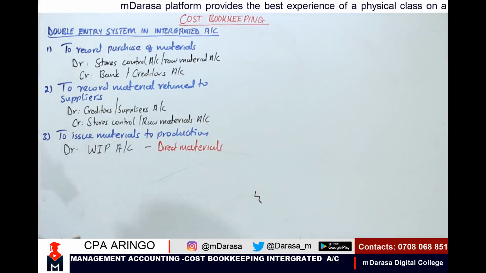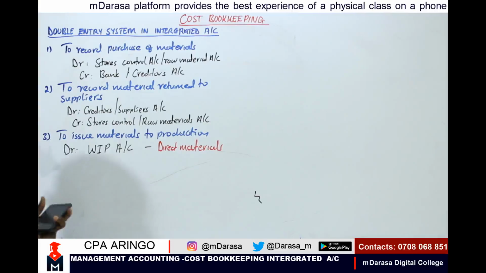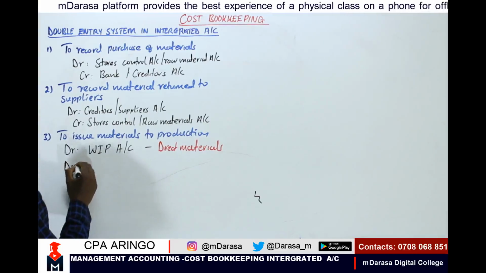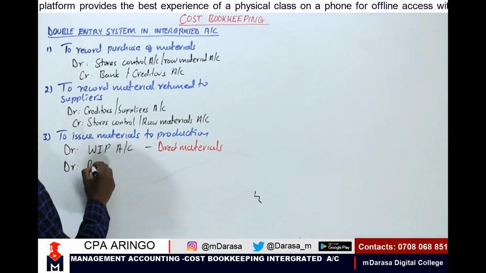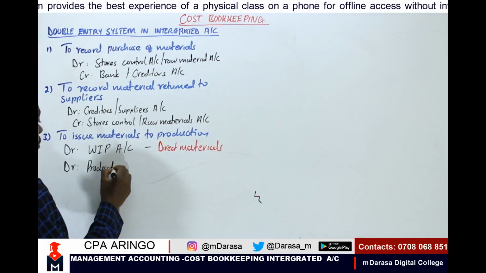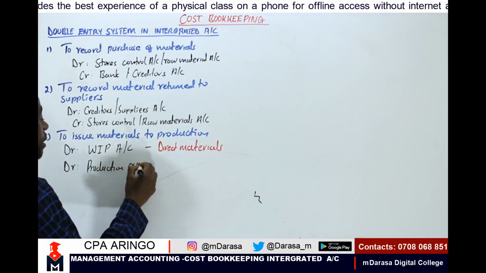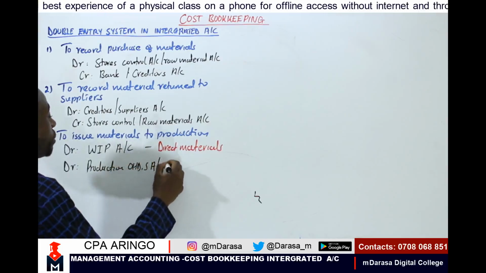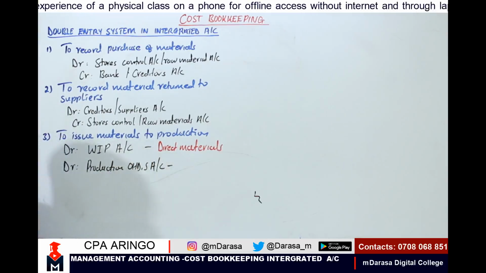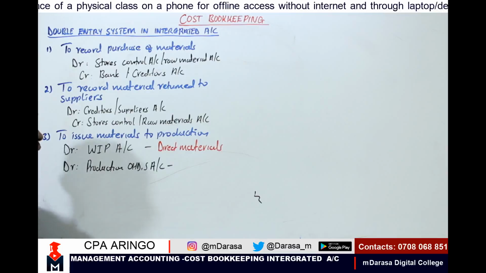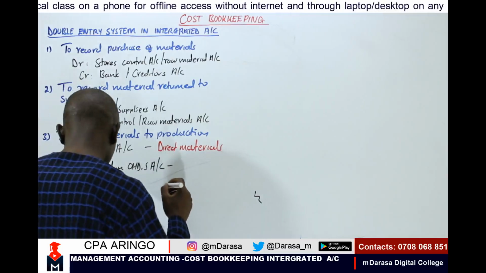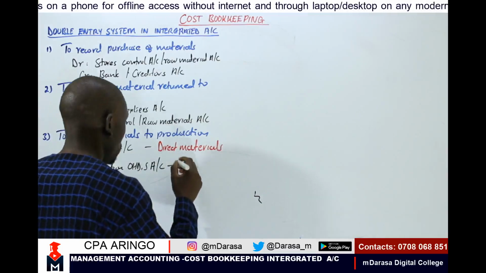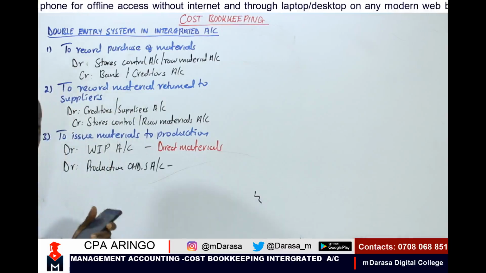And also we can debit our production overheads account. The beauty part of this is that we had already looked at all these accounts that we'll be mentioning here. So I'm going to debit the production overheads account if I'm dealing with indirect materials.